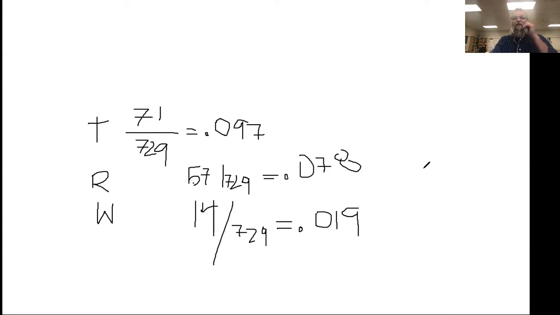So total bean density 0.097, red bean density 0.078, and white bean density 0.019. Not coincidentally, the red density combined with the white density gives you the total density.